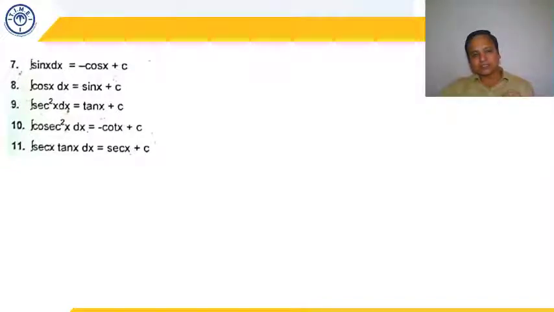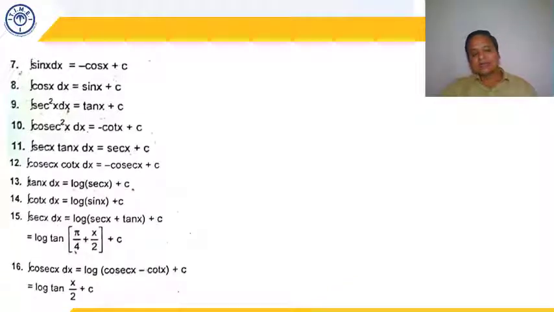And integral of cosec square x dx is equal to minus cot x plus c. Integral of sec x into tan x dx is sec x plus c. And integral of cosec x cot x is minus cosec x plus c. Basic formulas should be remembered.